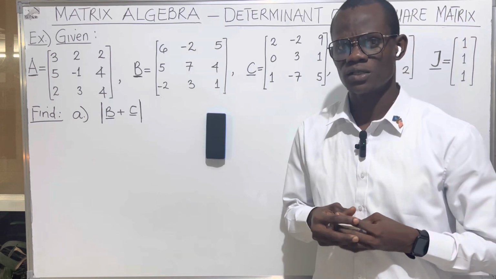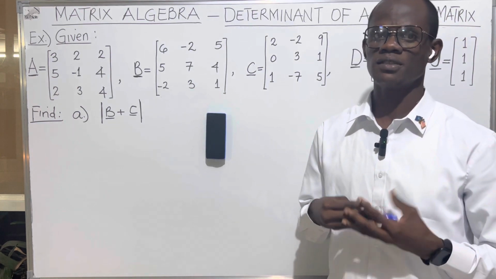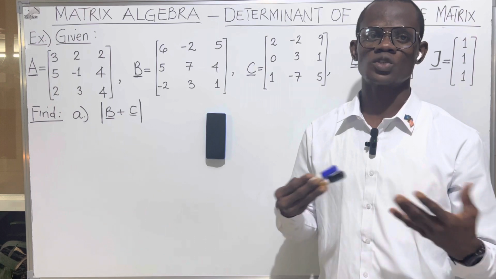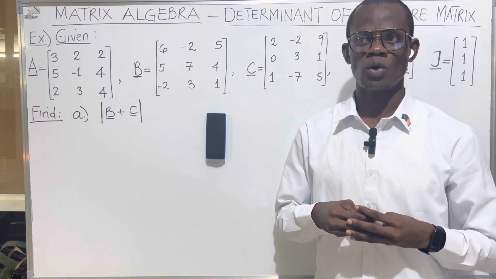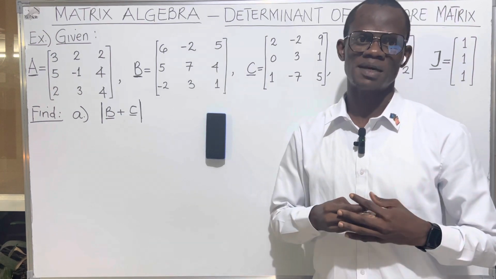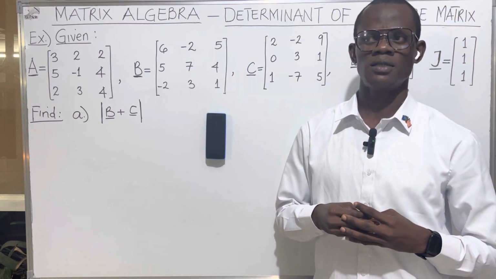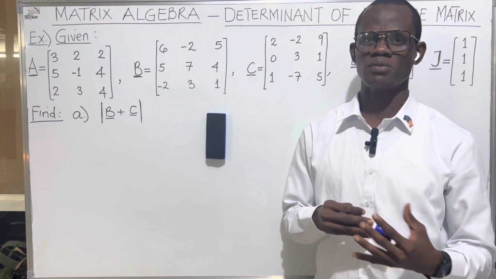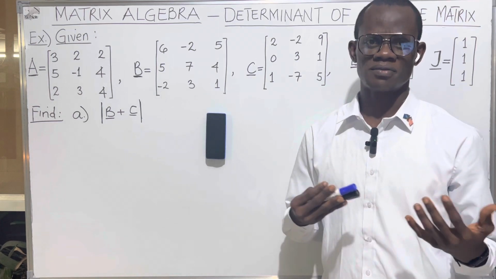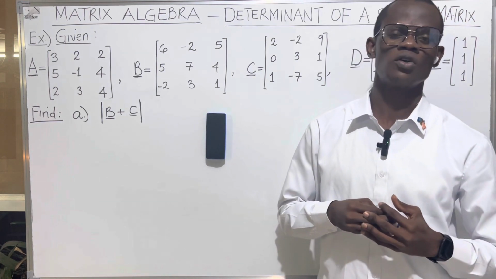Particularly under matrix algebra, I'll be looking at finding the determinant of a square matrix. We all know that it's easier to find determinants of square matrices, but it had been, I want to say had been, because there are new methods to find the determinants of non-square matrices.